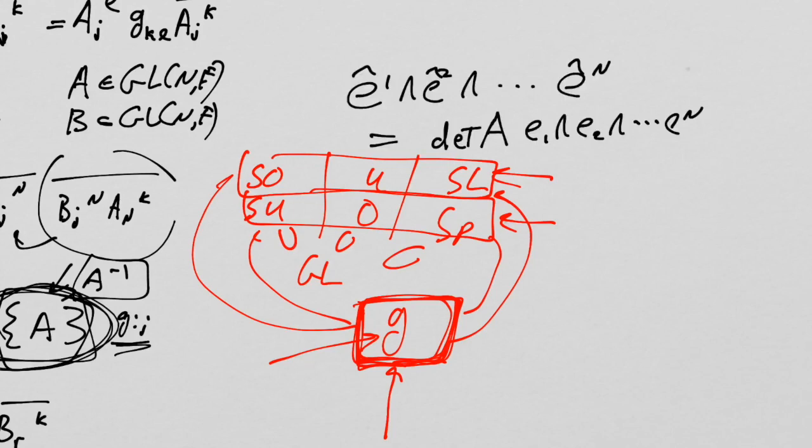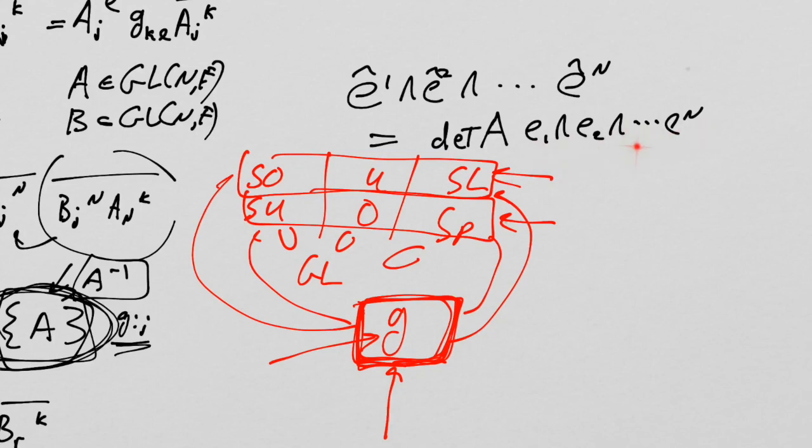You may remember from a slightly earlier lecture that if I make a change of basis and I look at the volume form, the exterior product of all n basis vectors, when I use a matrix A to transform these, this volume form transforms as the determinant of A times the original volume form, the unhatted volume form.